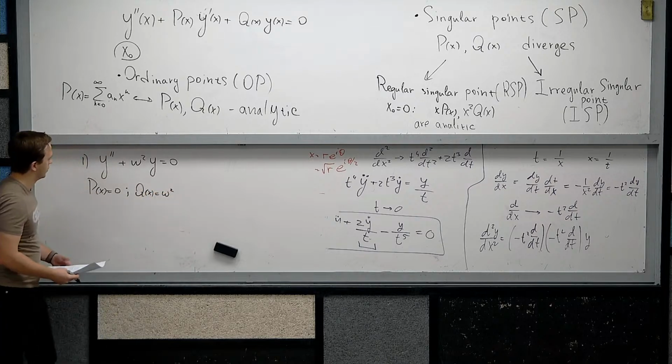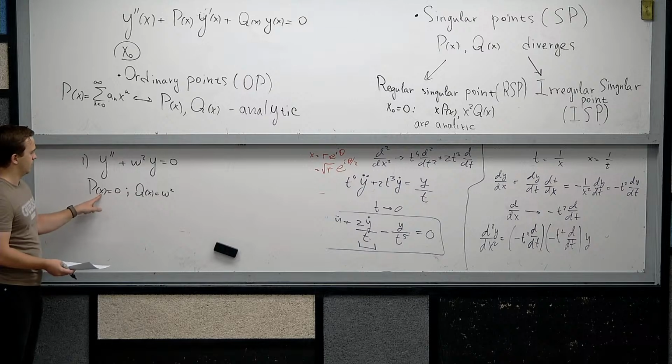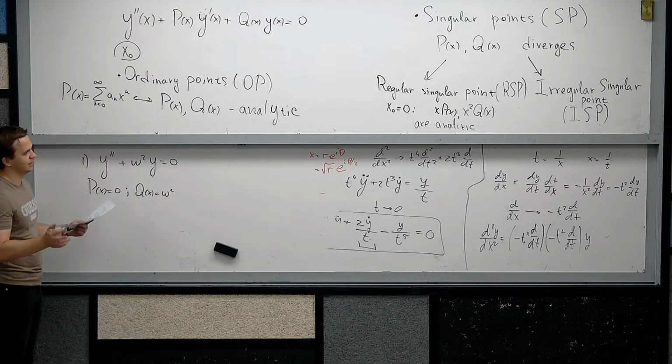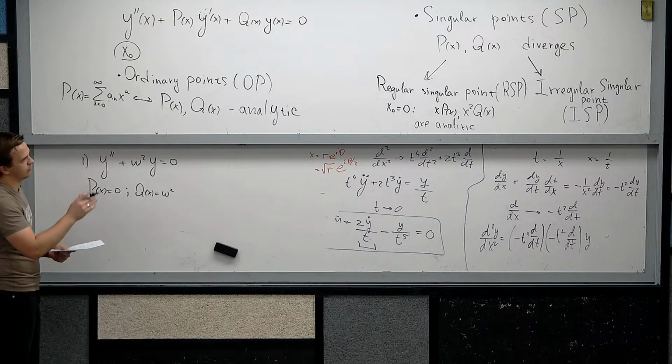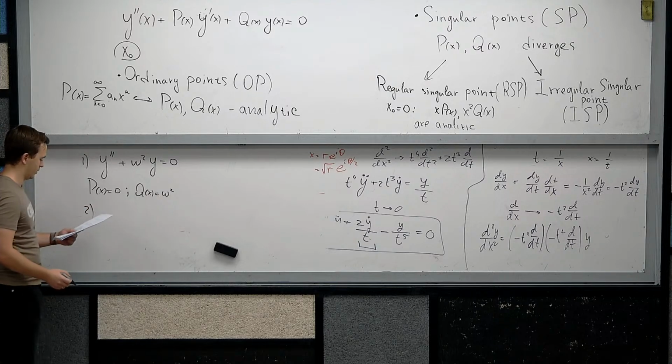Because those two functions are constant and don't depend on x, this equation is analytic and doesn't have any singular points, only ordinary points.